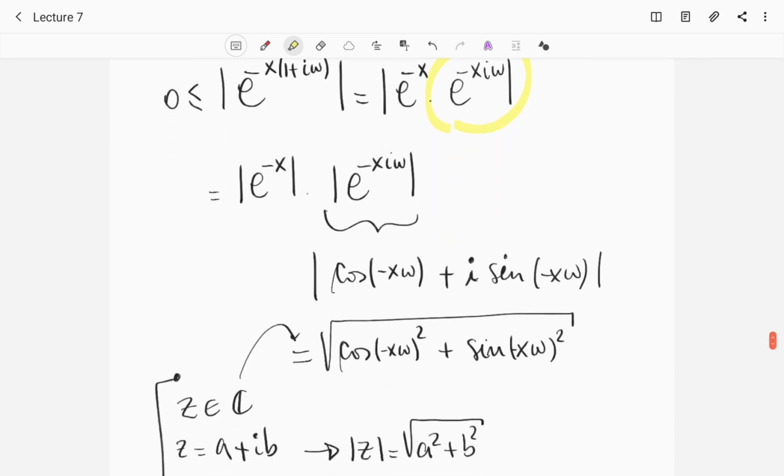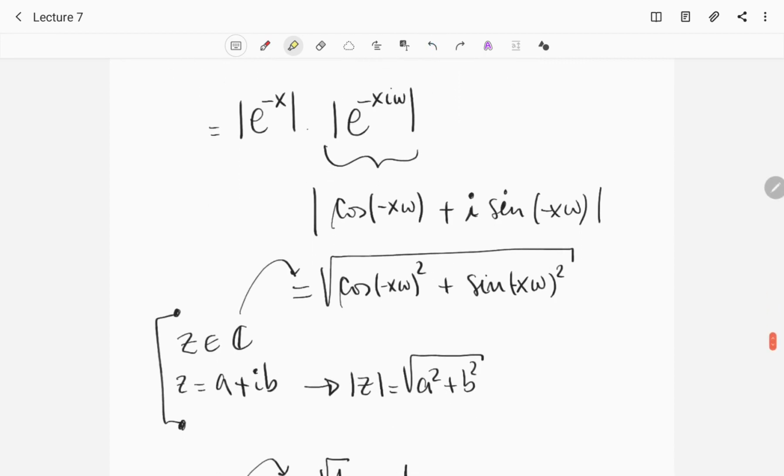And remember that the absolute value, when we are working with complex numbers, is the square root of the square of the real part plus the square of the imaginary part. So since this is the real part and this is the imaginary part, what we get using the well-known trigonometric identity is that this is equal to 1.